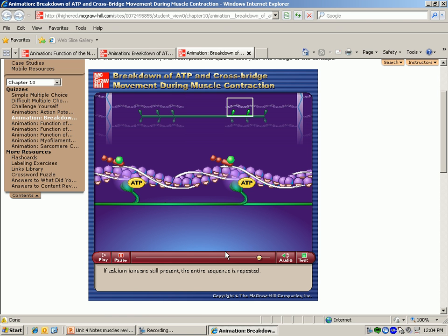We are breaking it down very, very slowly, but this process happens thousands of times in one second, over and over again, in all the myofibrils in a muscle. This sliding filament theory creates a muscle movement.